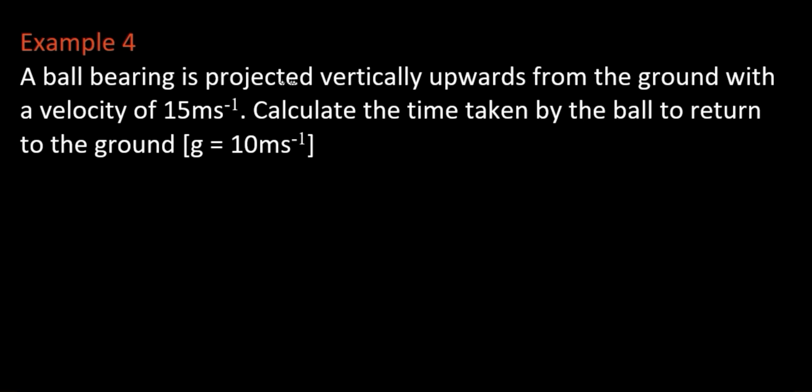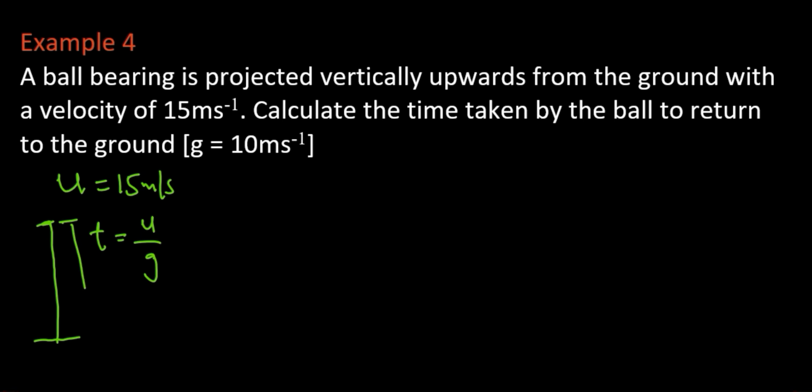Let's look at the last example. A ball bearing is projected vertically upward from the ground with a velocity of 15 meters per second. We use the formula for the time taken by the ball to return to the ground. When projected vertically upward, we use t is equal to u over g to get up, but for coming down as well, it's another u over g.